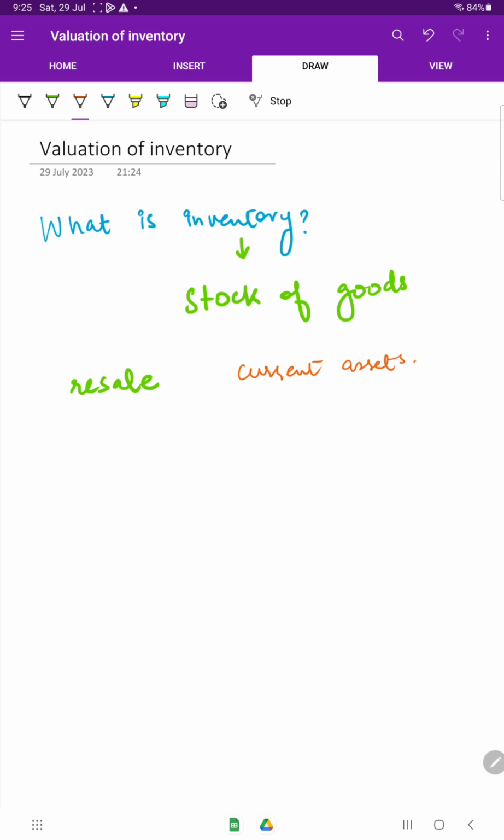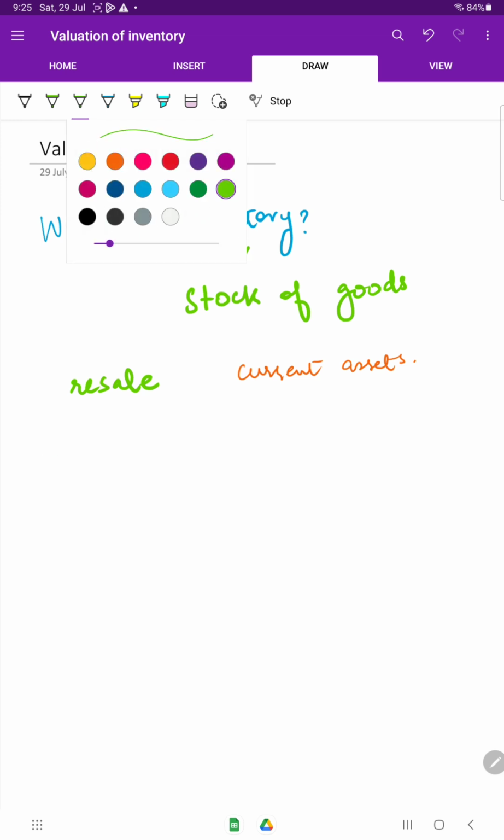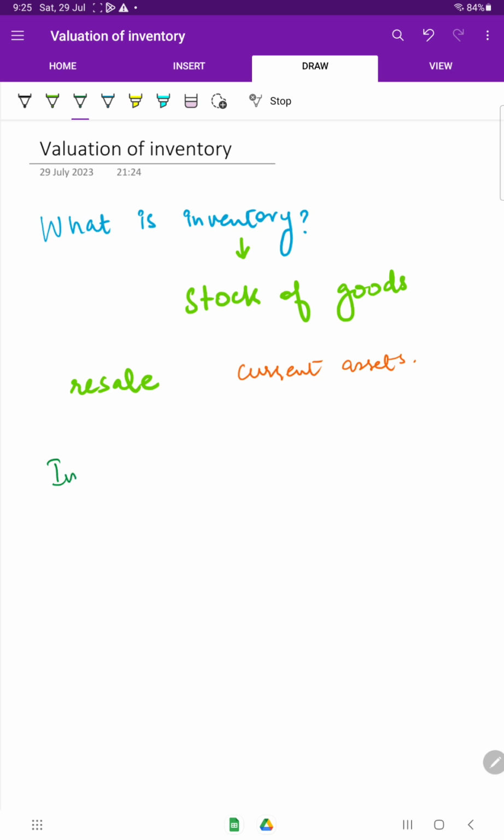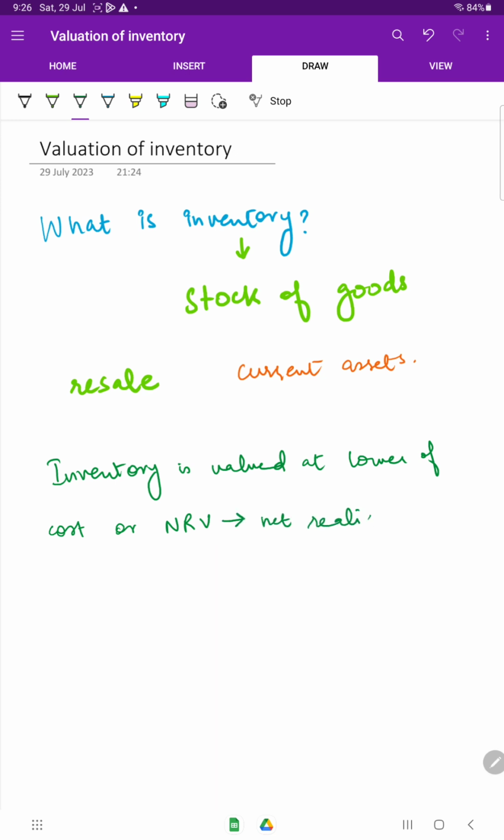Now, how is inventory valued? Inventory is valued at lower of cost or NRV, that is my net realizable value.